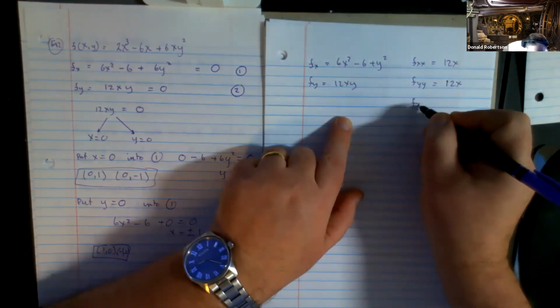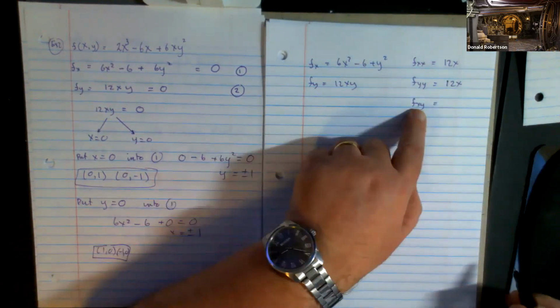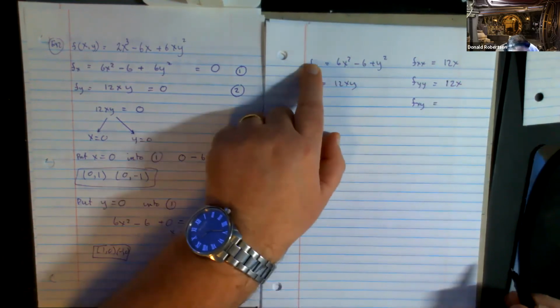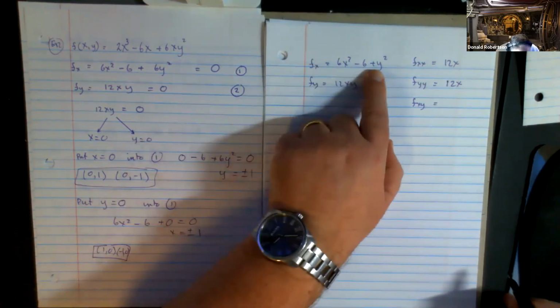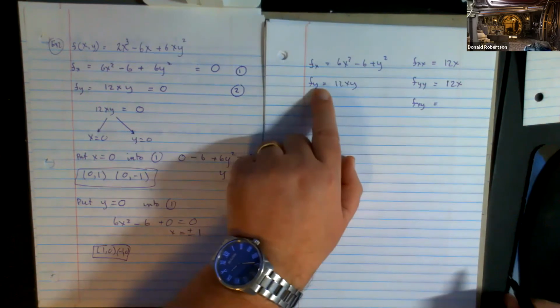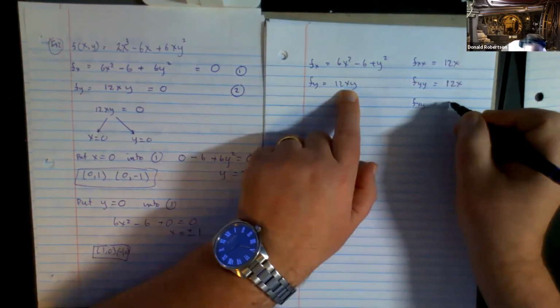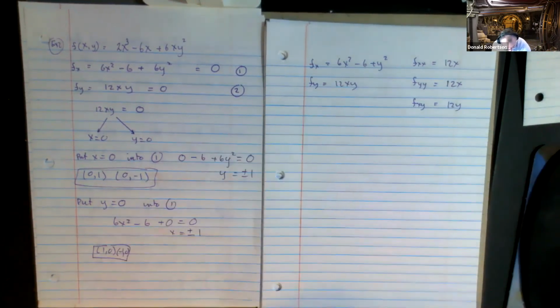And I also need this one, don't I? I can do it with respect to y, or with respect to x. It looks like no matter how you do it, you get, that doesn't look good.